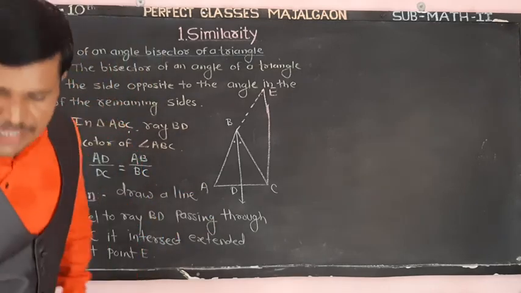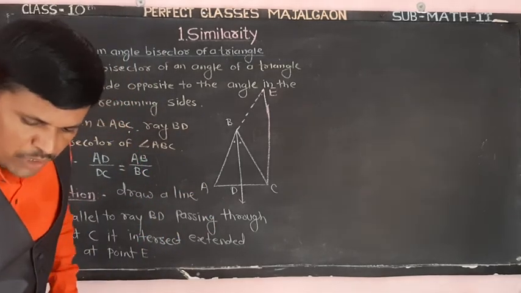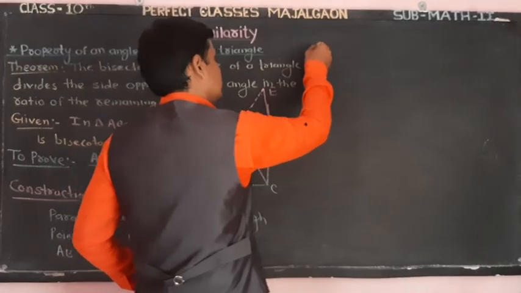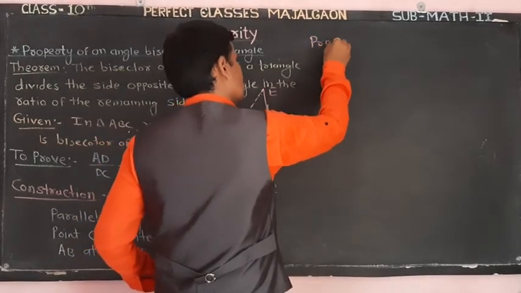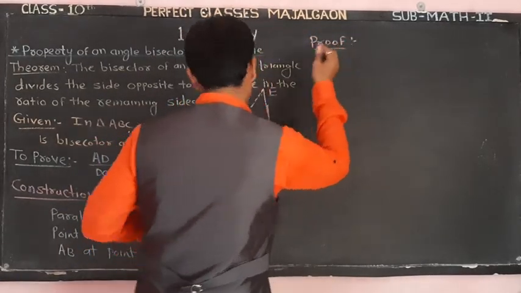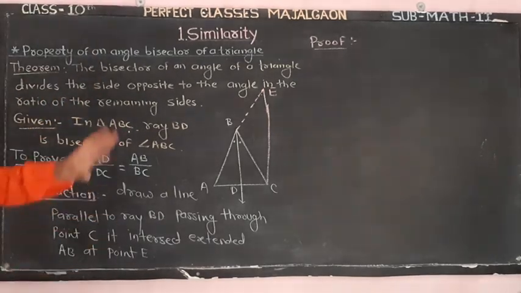Now we see the main body of the theorem. This is known as the proof. How to prove? Look at the figure.